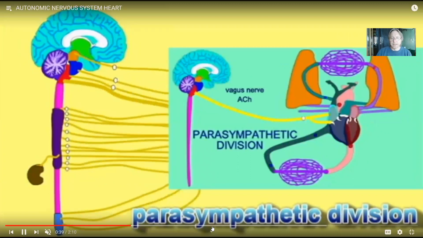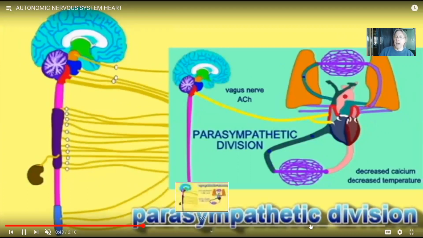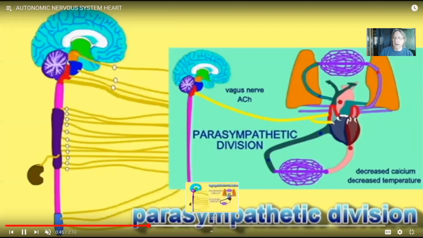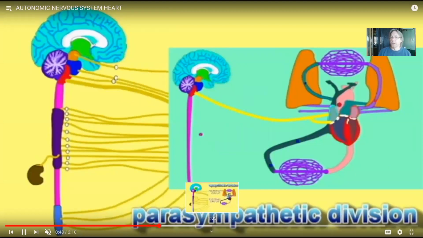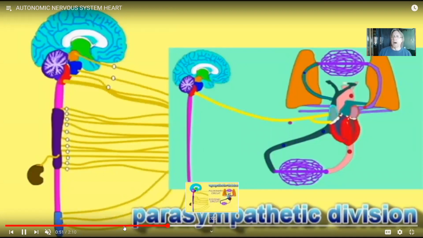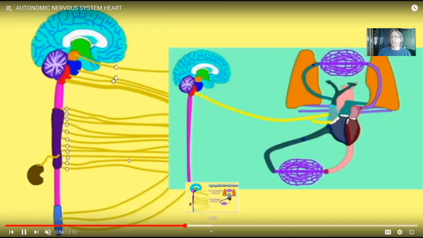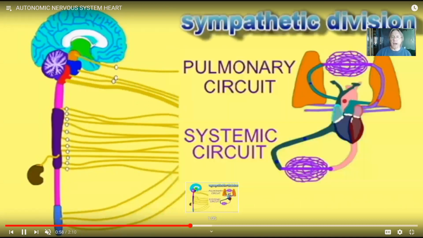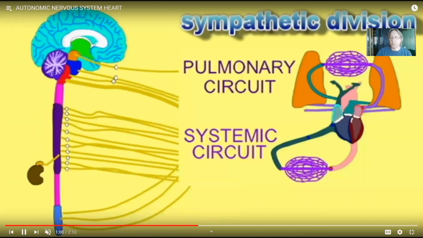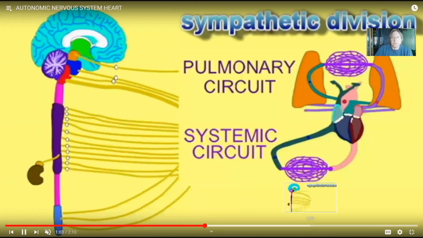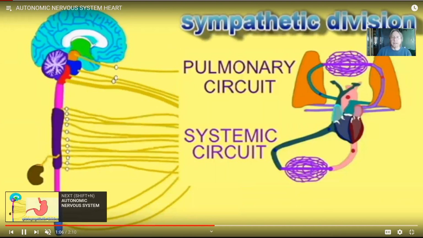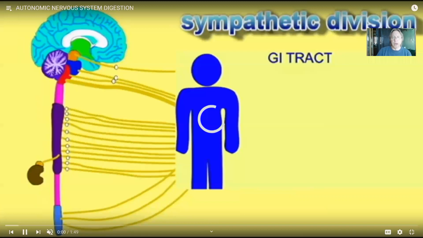So the sympathetic division affects the cardiovascular system, as does the parasympathetic division. At rest, your heart rate goes down, your blood pressure goes down, your stroke volume goes down, and you now send blood to your digestive tract, your urinary, reproductive, and immune systems, and less to your muscles. During an emergency, our muscles will actually get tense, as we're preparing to react. I go through the various systems here.